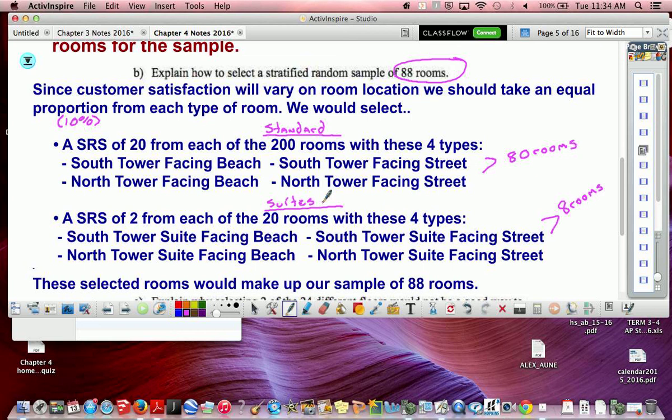We could have made this problem half the size by eliminating the new tower versus old tower. If we did that, then you wouldn't be stratified, you'd eliminate half of these, we'd have half the rooms. So we would make the problem a little bit easier.